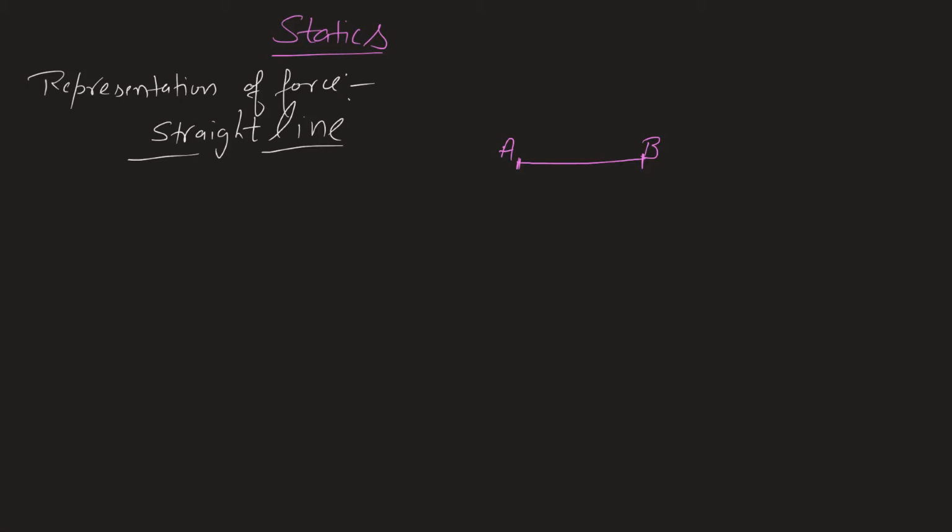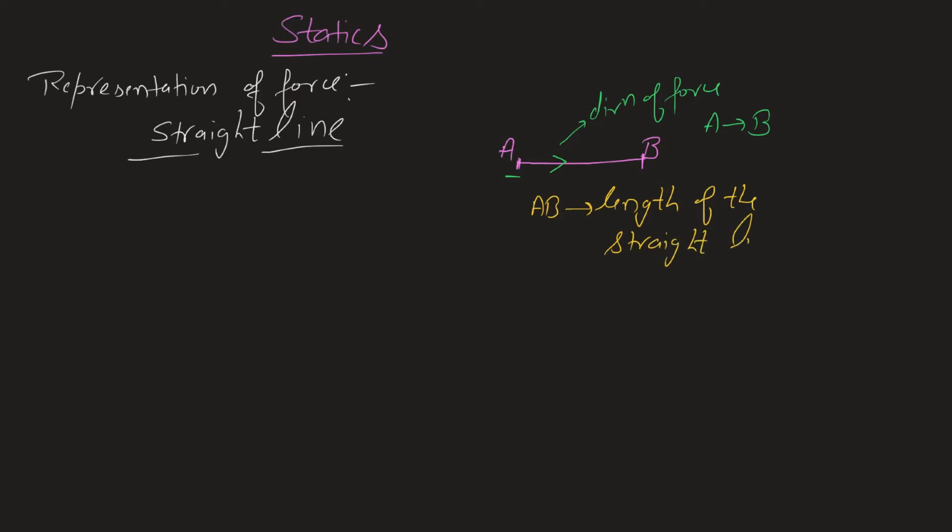So this is the magnitude, and this arrow sign represents the direction of the force, and the initial point, the starting point, this represents the direction of force from A to B, and AB, that is the length of the straight line, is magnitude, and A point, the initial point, is the point of application.